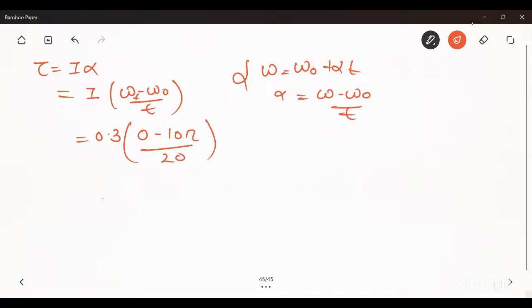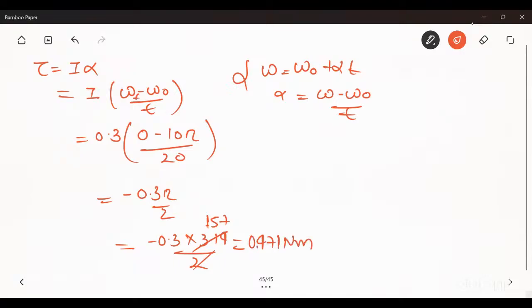So the value of it will be minus 0.3 pi by 2, which is equal to minus 0.3 into 3.14 by 2. So you will get 0.471, and what is the unit?